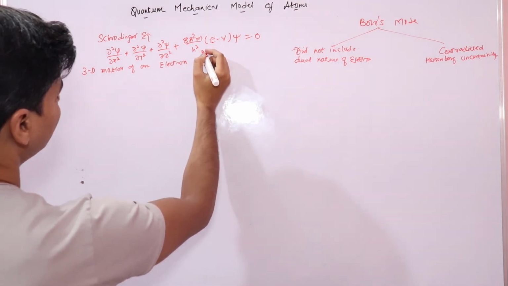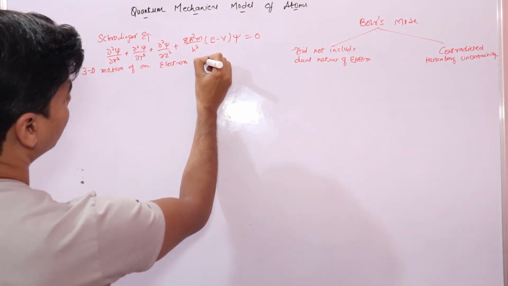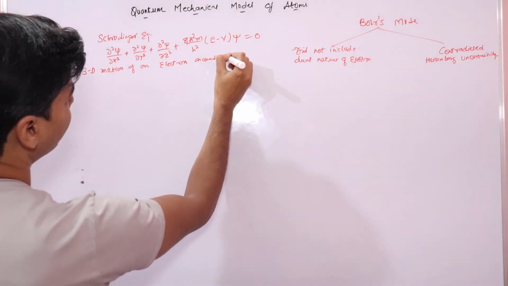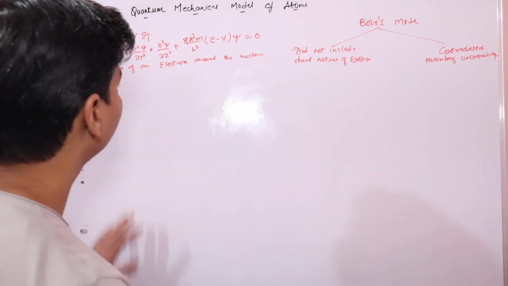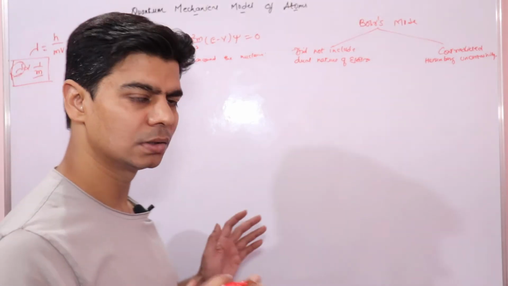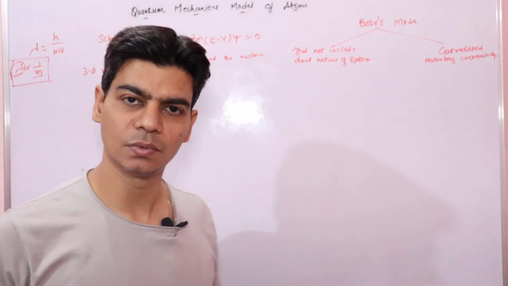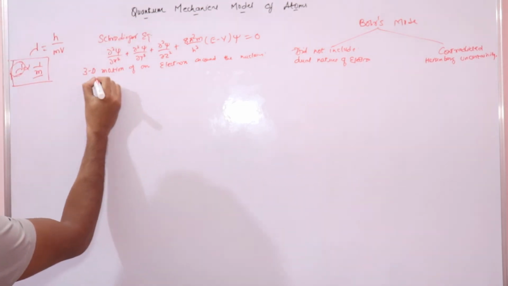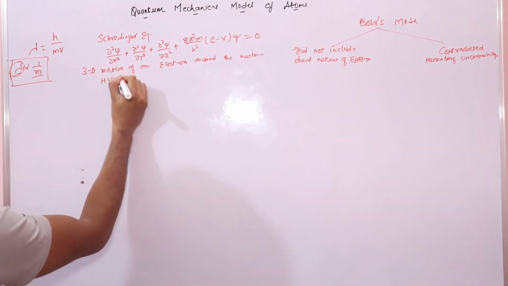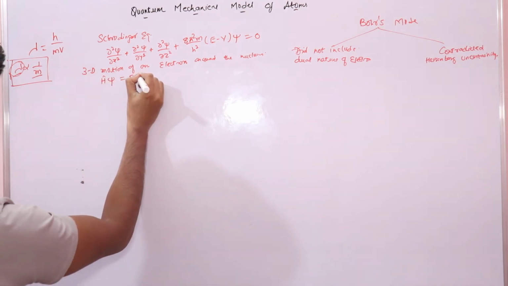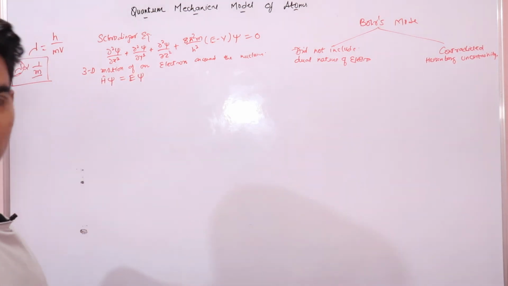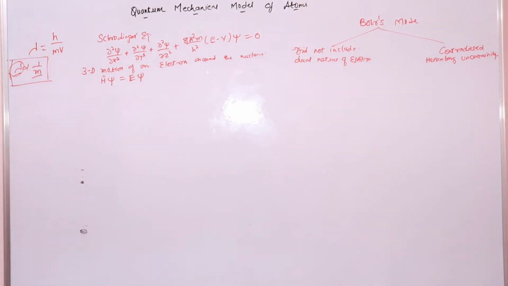And the basic Schrodinger equation, the way we write it, is H psi equals E psi, with a small cap on H. This is the basic quantum mechanics equation, right?